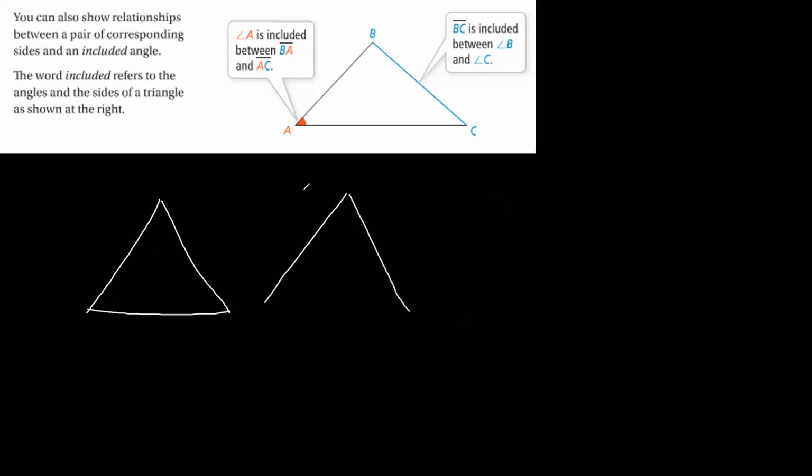I told you that if I have this triangle and this triangle, in my postulate it tells me that if you prove that... Why do we name it SAS? SAS means side, angle, side.